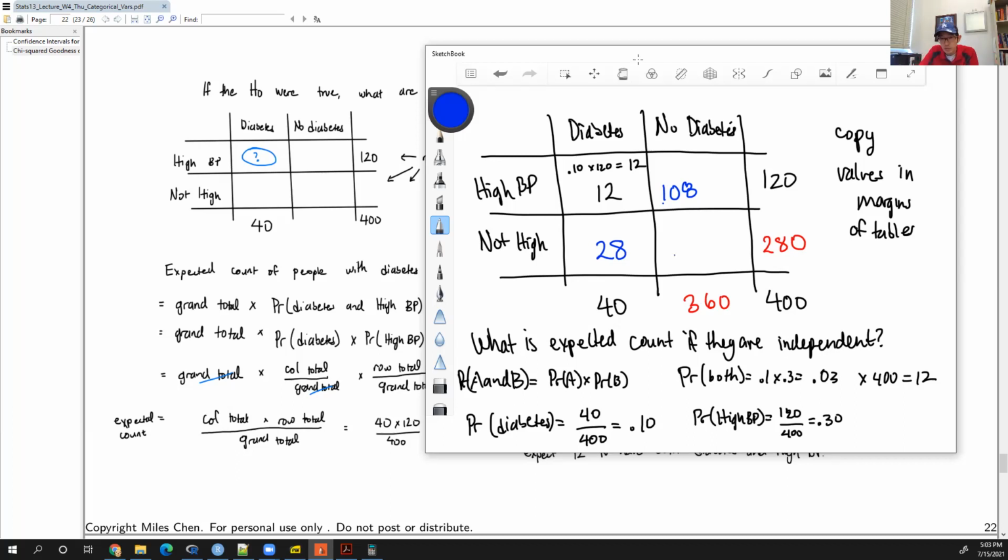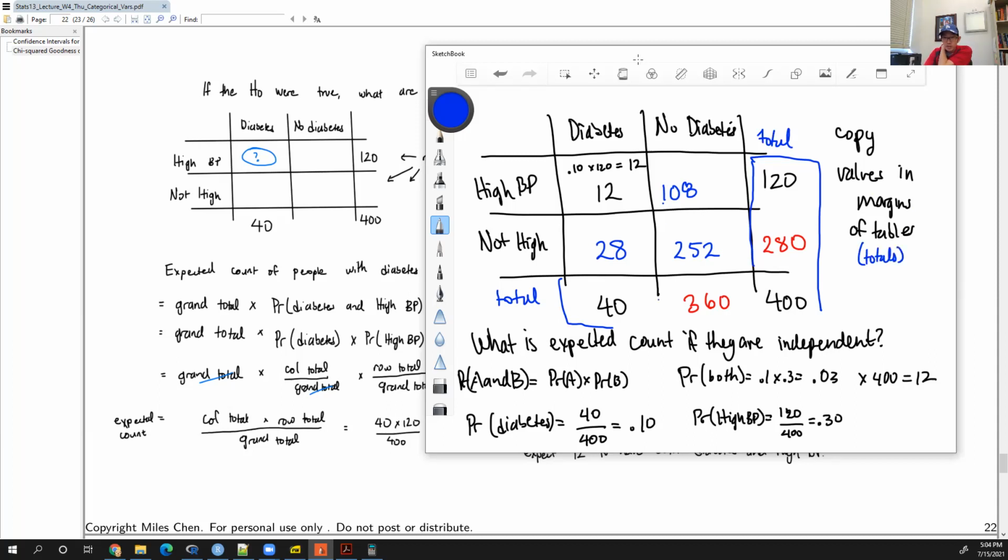So there's only one possible answer, and that's 252. If I try to change any of these other numbers, then the row totals or the column totals will no longer work out. So we're going to copy the values from the margins, which means copying the row totals and column totals.